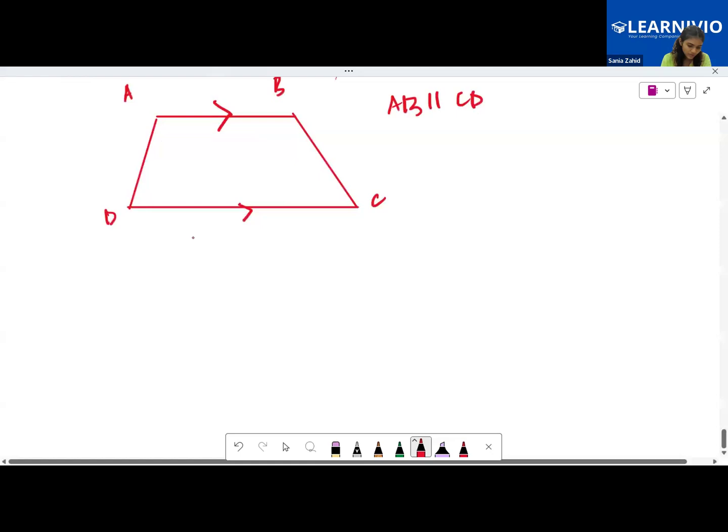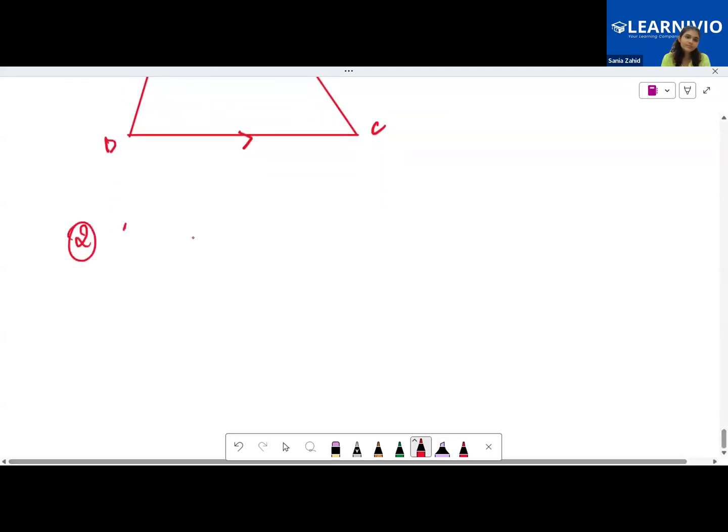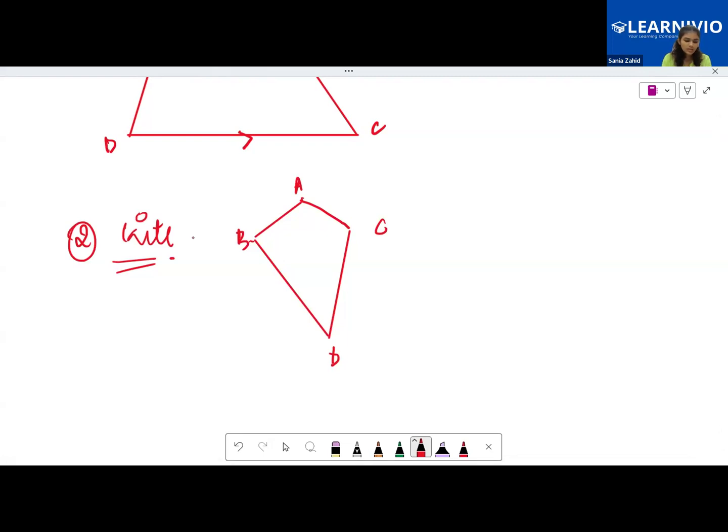Next is kite. What happens in a kite is we have a figure where adjacent sides are equal. Like this is A, this is B, this is C. Join it to make D. So what are adjacent sides? Those that lie one nearer to the other.